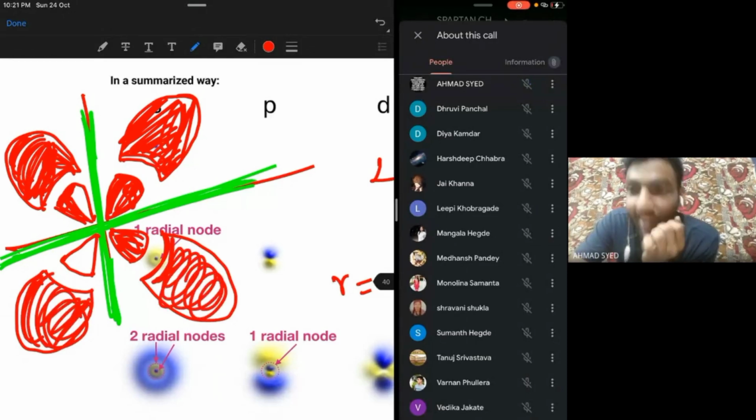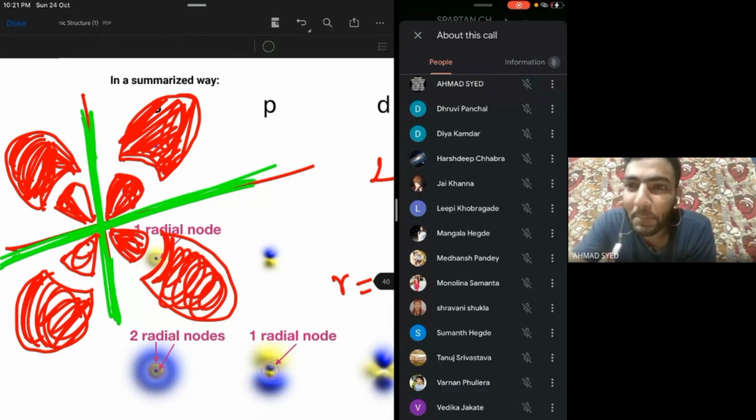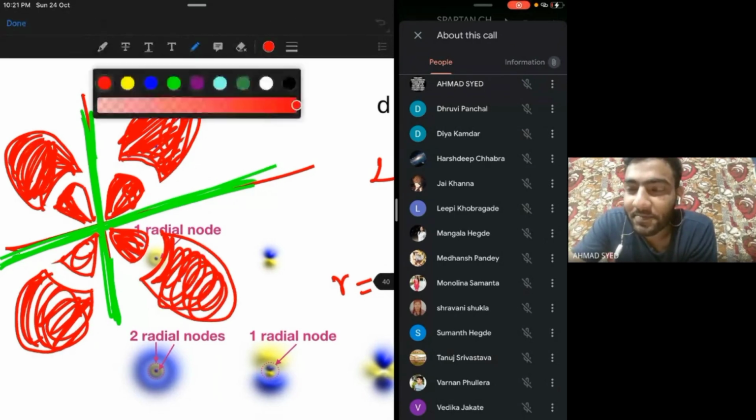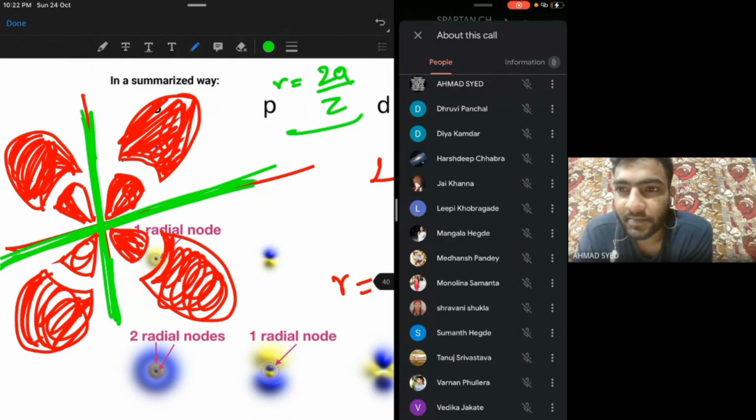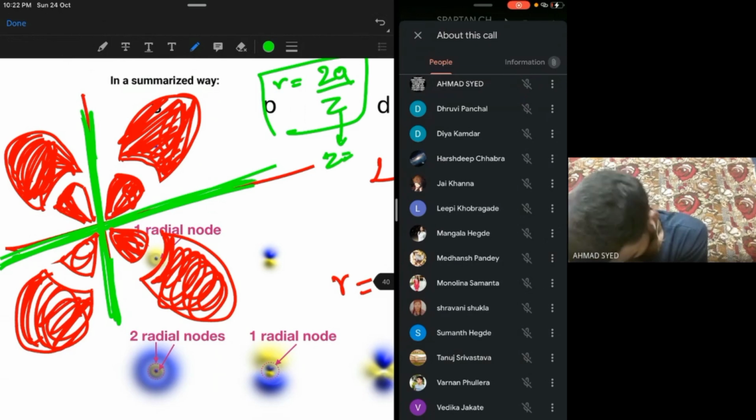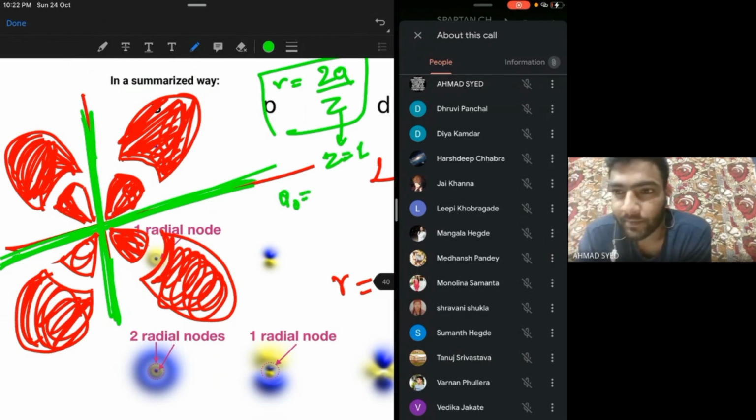So, today the topic is done. All I wanted to teach you. Now if you notice, when I say there is a radial node at the same distance, we found out r equals 2a upon z. Let's say it is a hydrogen atom, z is 1 and a is the Bohr radius, 0.52 angstrom.